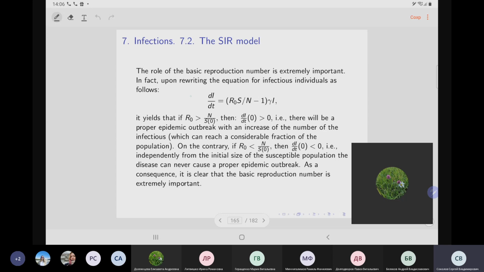We come back to our second equation. We can rewrite the second equation in this form using our R0.